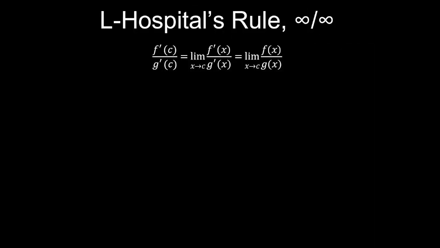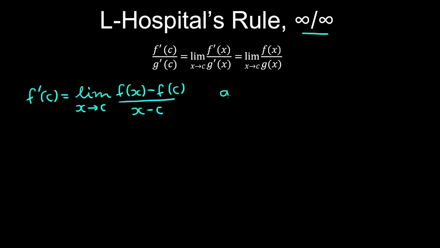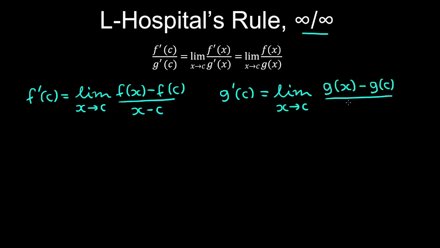Let's derive L'Hopital's rule for the indeterminate limit of the form infinity on infinity. So we're going to start with the definition of both derivatives. And then divide them together.